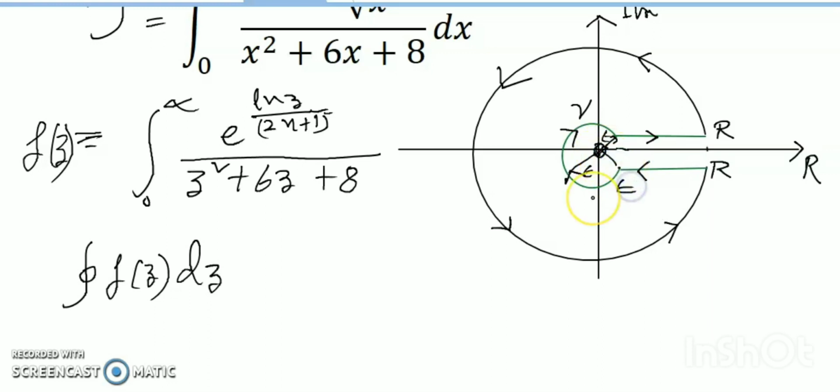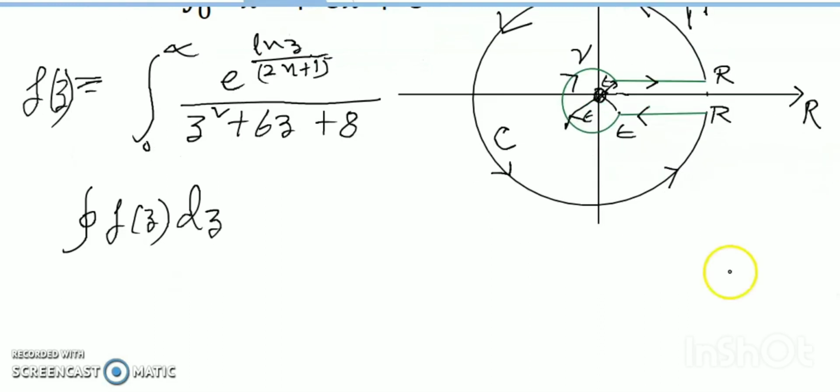Okay. So friends, f(z) dz can be written, and this curve is called C. Okay, C curve, this is the capital gamma. This path is called gamma.